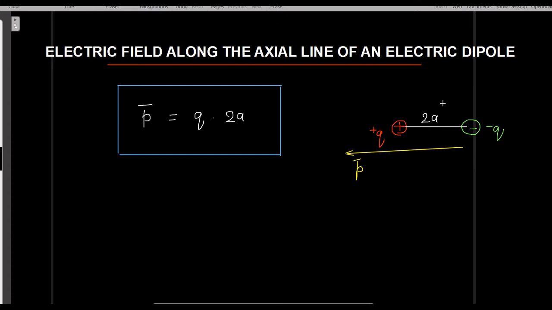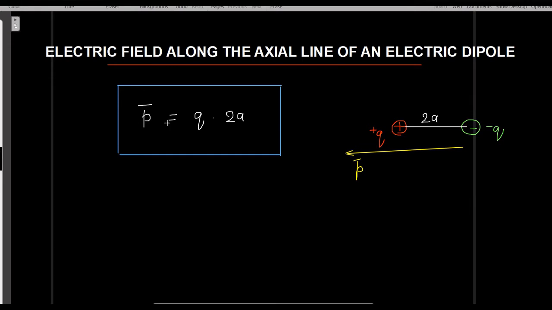A dipole is a system of two equal and unlike charges separated by a small distance. Here we have represented a dipole with plus q and minus q. They are separated by a distance 2a. Now dipole moment is represented as P, which is q into 2a.